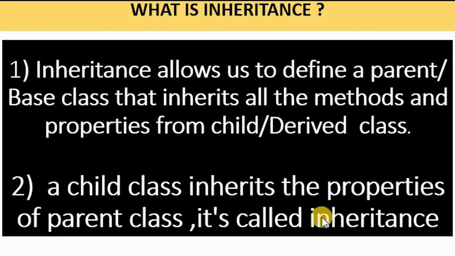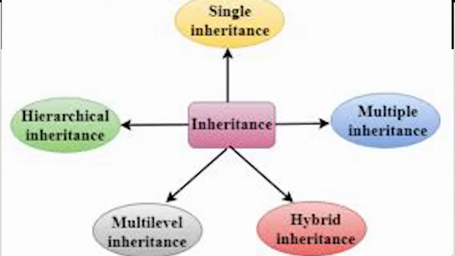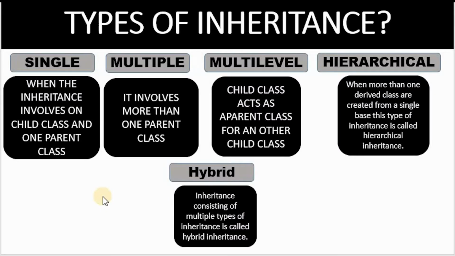It's called inheritance. Now we are discussing the types of inheritance in object-oriented programming. There are 5 types of inheritance. First, single inheritance. What is it? When the inheritance involves one child class and one parent class, that's called single inheritance.